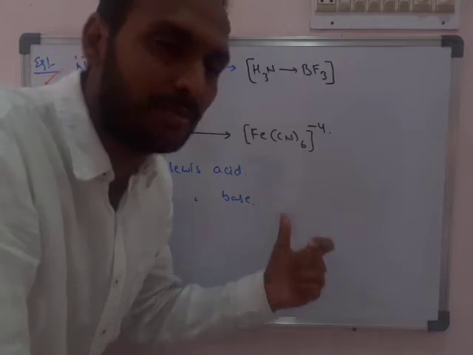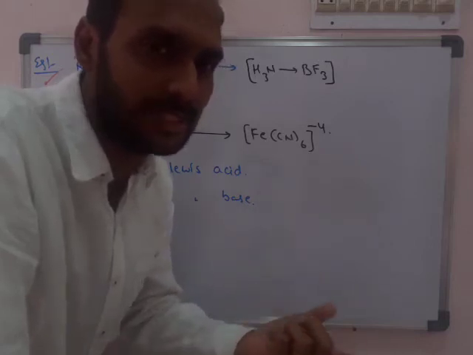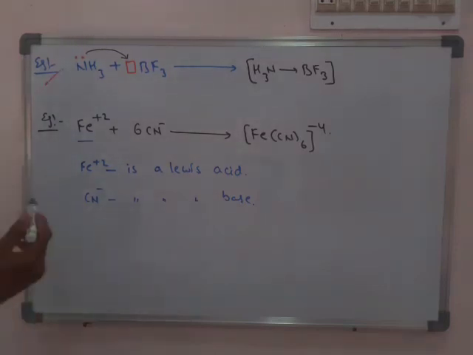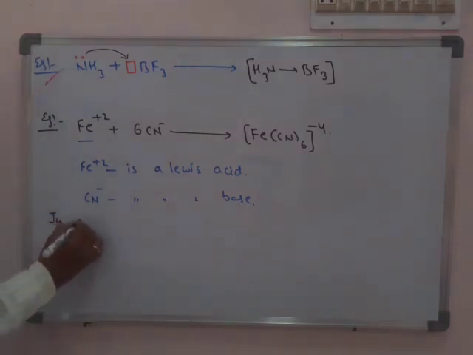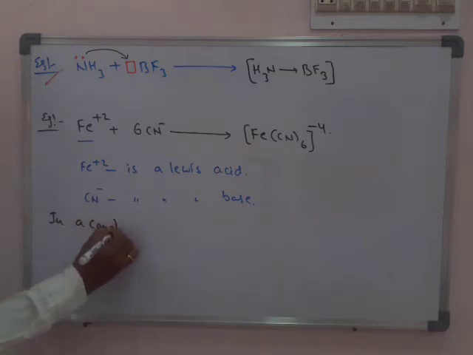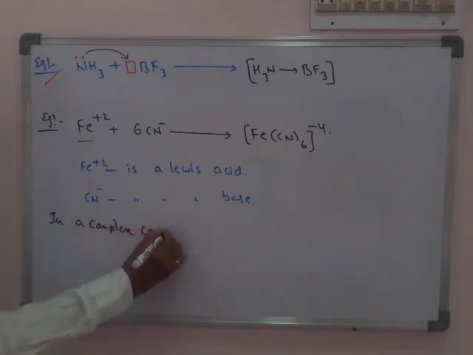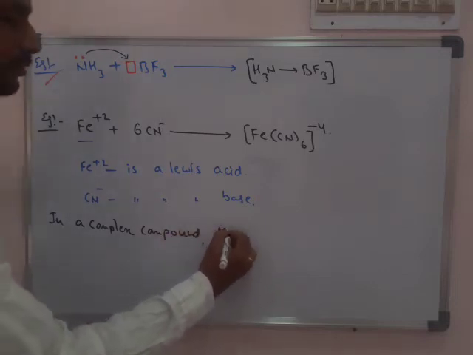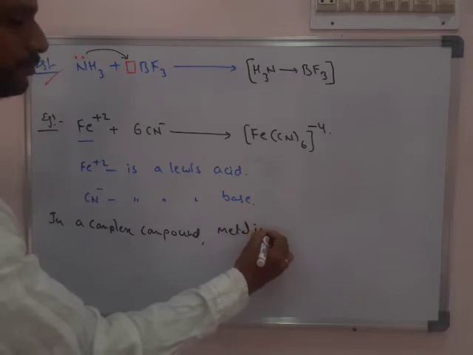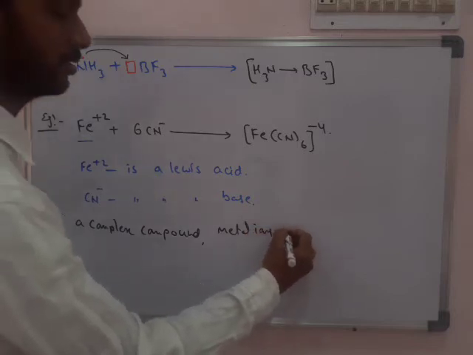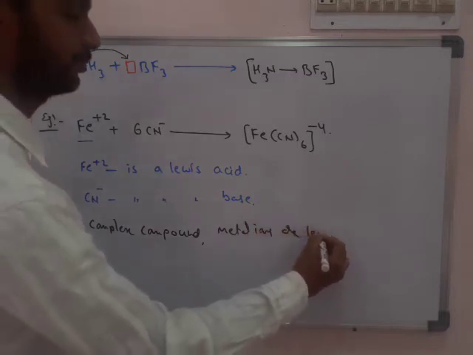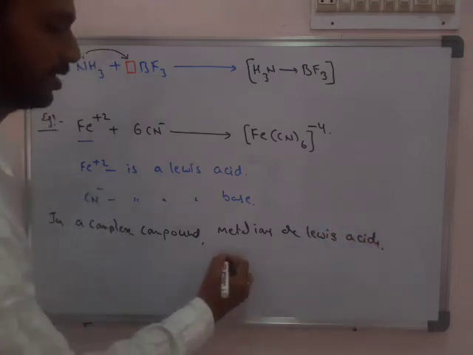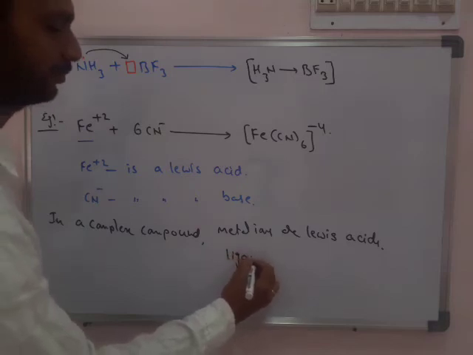The central metal atom always takes electron pairs. That's why in a complex compound we can write a clear sentence that always in a complex compound, metal ions work as Lewis acids, and ligands.